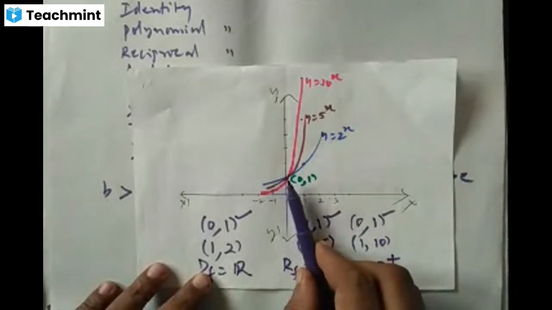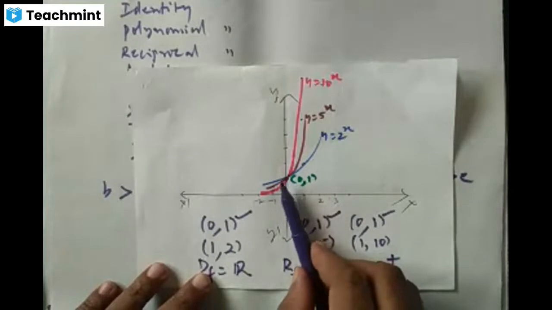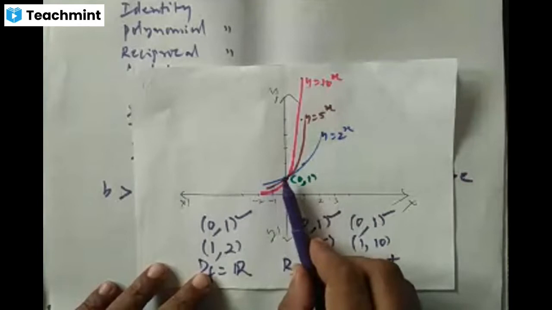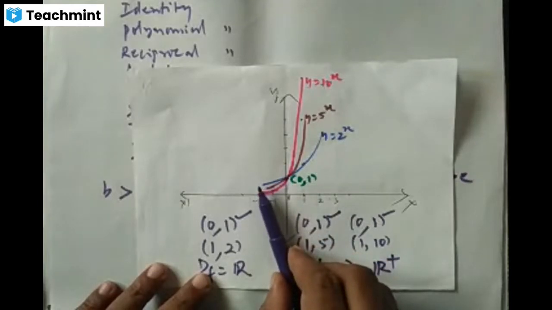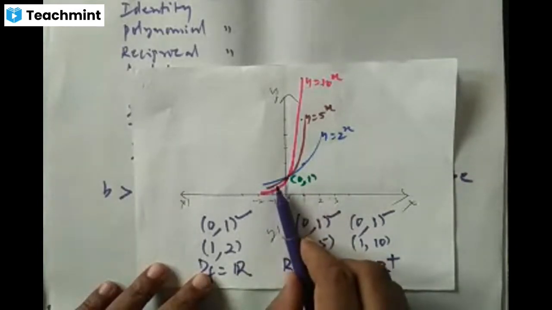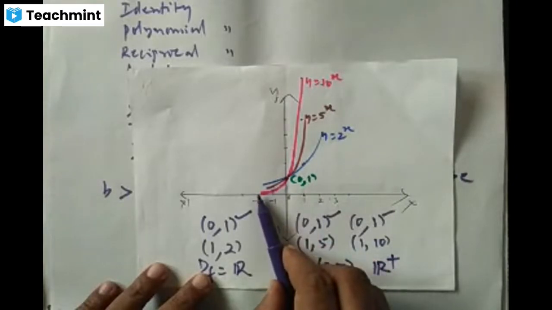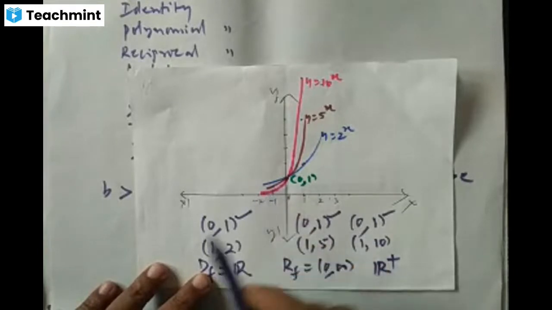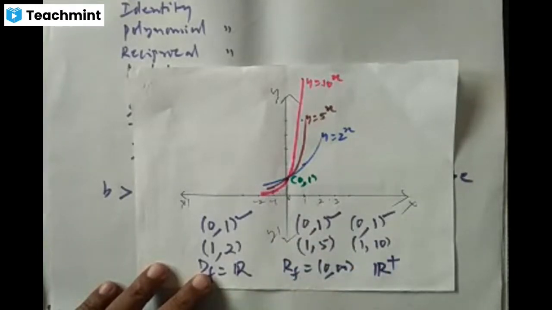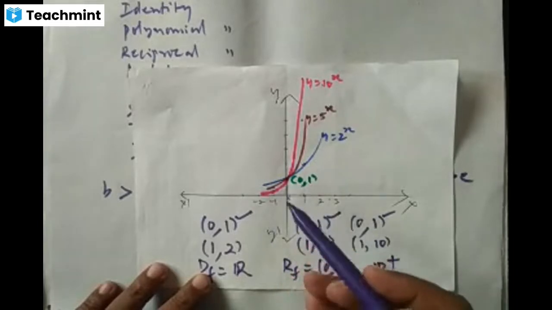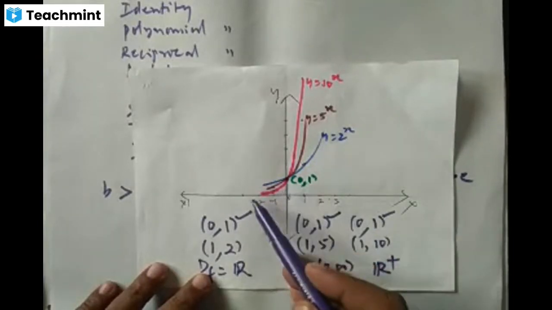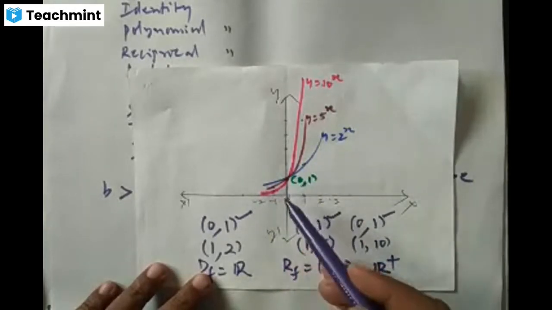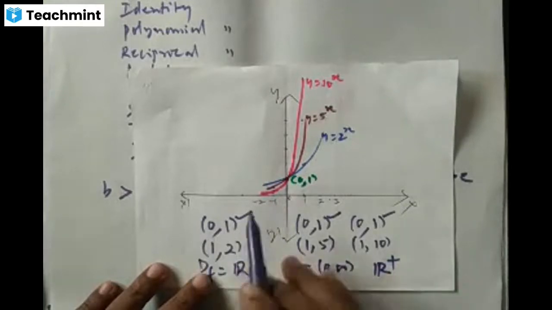As x takes more and more negative values, the graph of the exponential functions approaches the x-axis, but the graphs do not touch the x-axis. In other words, for large negative values of x, the exponential function is very close to 0, but the value of y doesn't become 0.